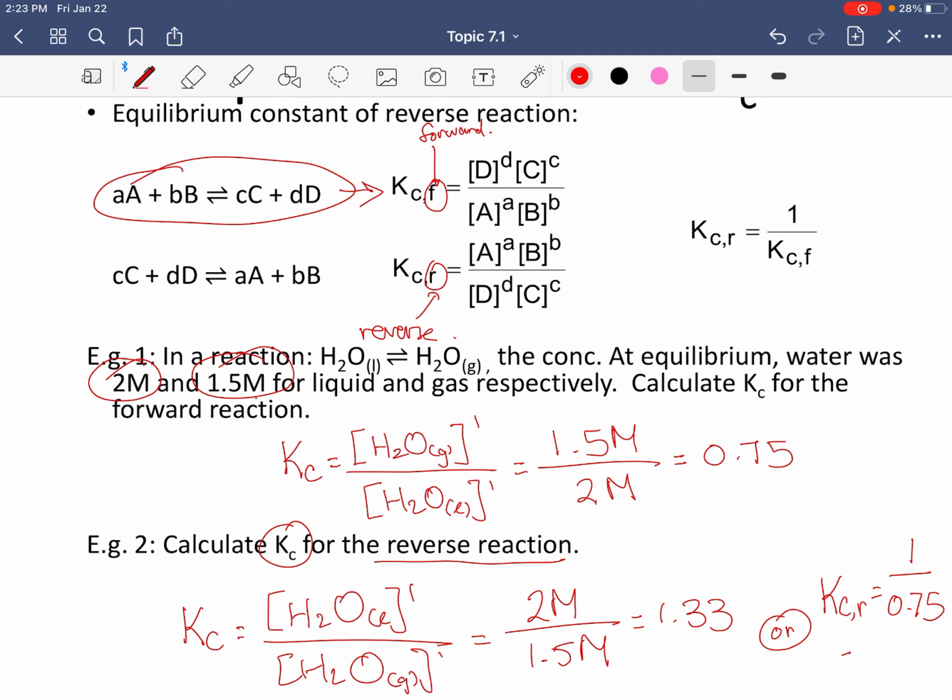You divide that, 1.33. Pretty neat to know. So if somebody gives you the forward reaction of something but doesn't give you any of these numbers, don't freak out. All you have to know is that to find the reverse equilibrium expression, you just take the reciprocal of the forward expression.